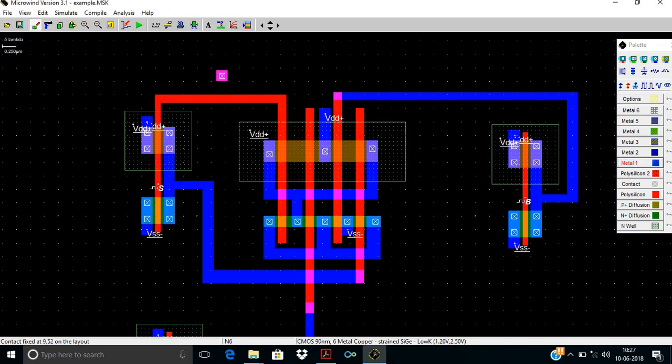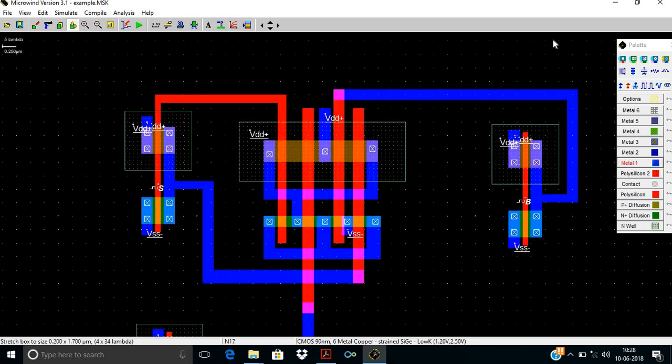We have to increase the size. Now we can put the metal to poly.